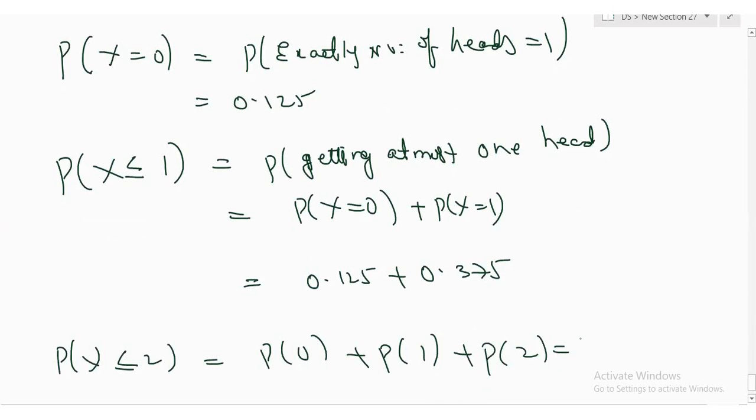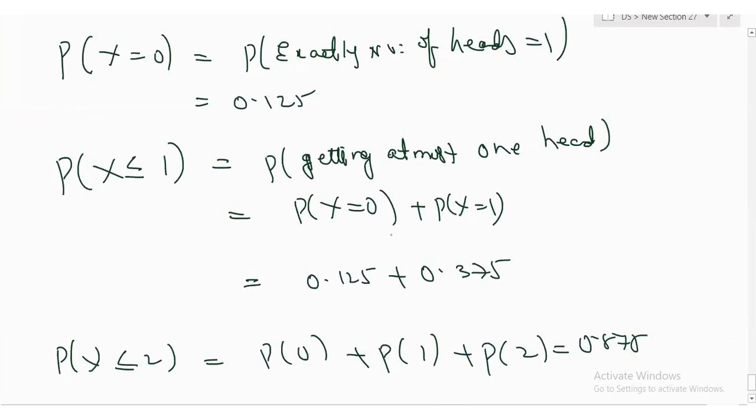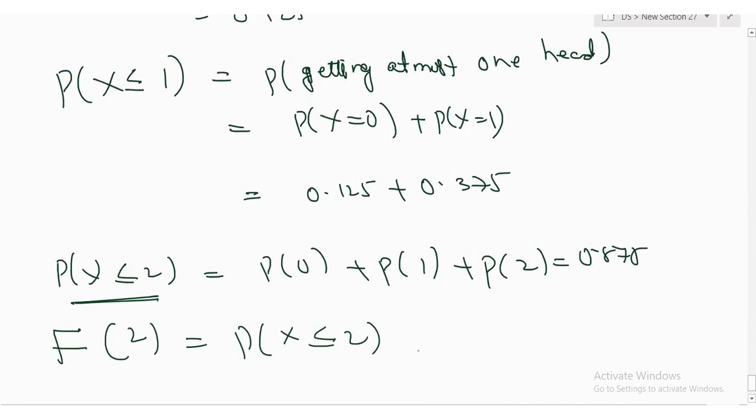So how much is this? 0.875. Yeah, 0.875. You guys are getting or not? So instead of writing always like this, I write like this: F of 2. What is the meaning of this? This is nothing but F of x less than or equal to 2. So this is the cumulative distribution.